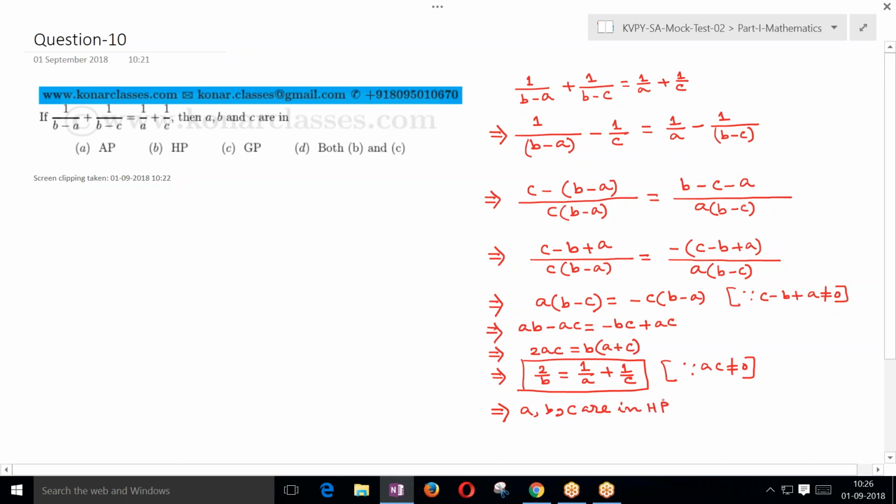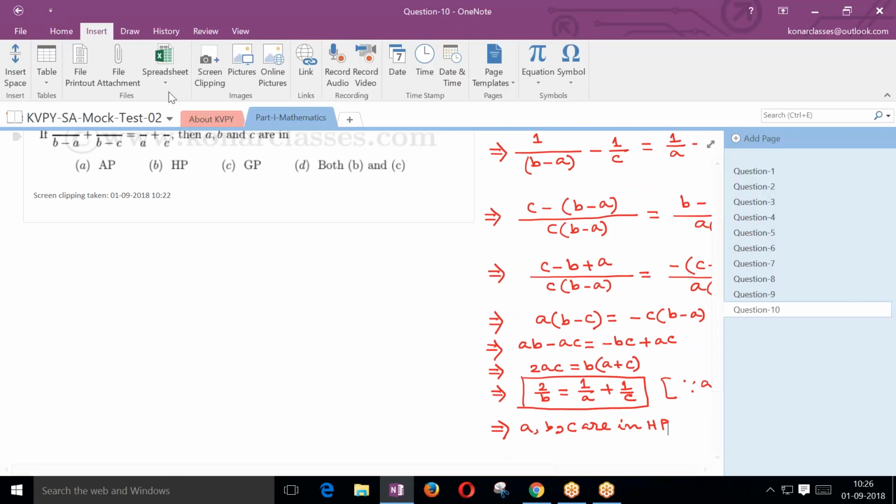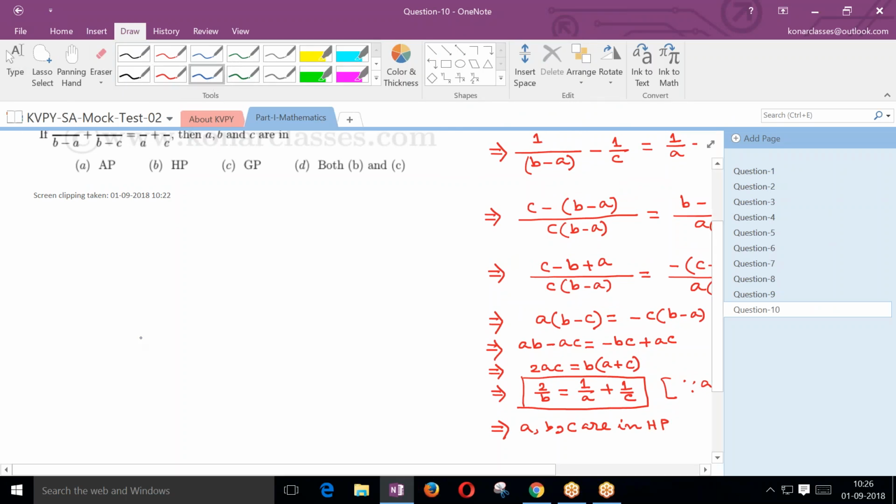Here, let me give you a little idea about the theory. If you are already aware, then fine. Otherwise, I can give a quick look. If a, b, c are in AP, that implies 1 by a, 1 by b, 1 by c are in harmonic progression, and vice versa.